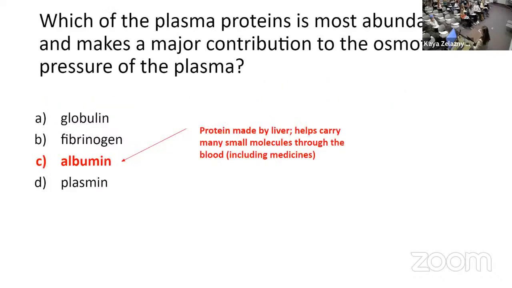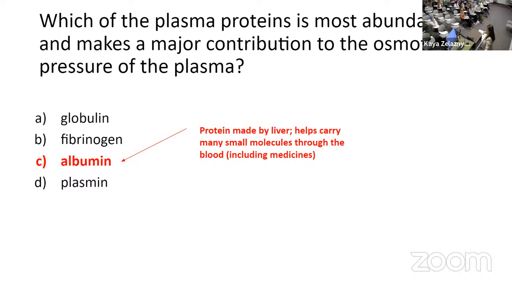Okay. Finally, as we were thinking about that net filtration pressure, we were thinking about the osmotic, oncotic pressures in the plasma, right? That was one of our pressures that we added together, one of our Starling's forces to figure out whether we have filtration or absorption.